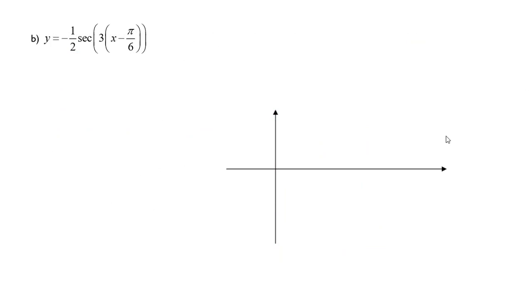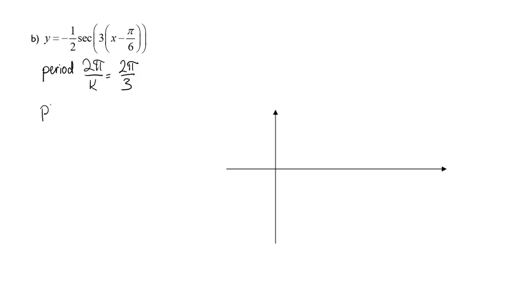The next exercise is y equals -1/2 secant of 3 times the quantity x minus pi over 6. We need to identify the period, which we can do by taking 2 pi and dividing it by k, and in this case that's 2 pi divided by 3.